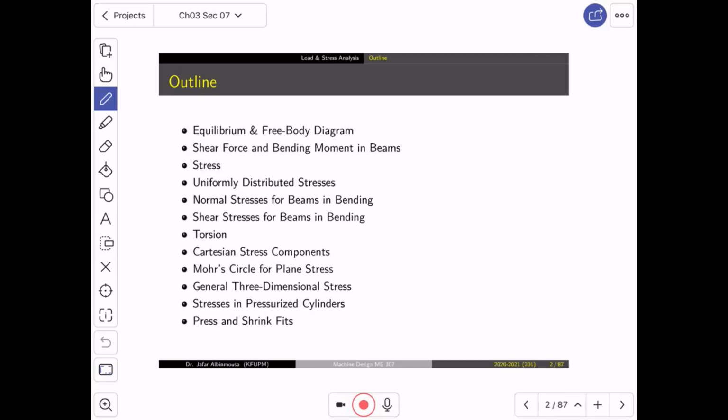Hopefully, we are going to do these two today. Then, inshallah next class, maybe today if we have time, we introduce the stresses to you. We'll talk about uniformly distributed stresses, normal stresses in beams and bending, shear stresses for beams and bending, and torsion. This part is going to teach you all types of stresses that we might encounter whenever we deal with a machine.